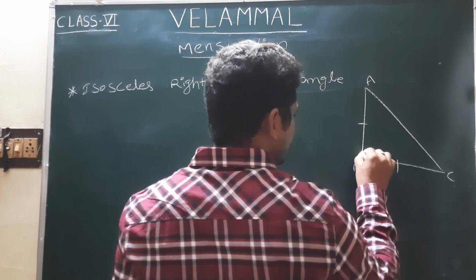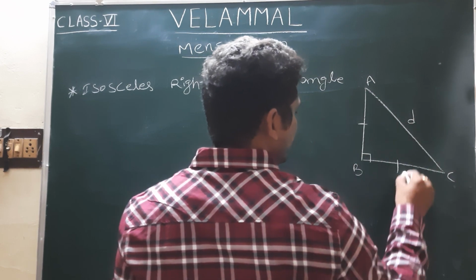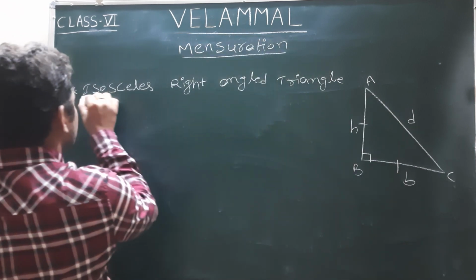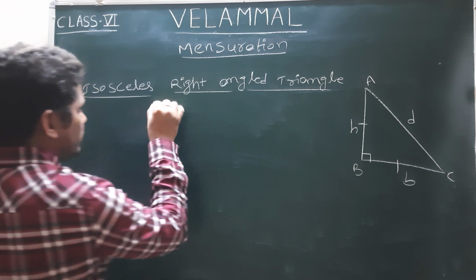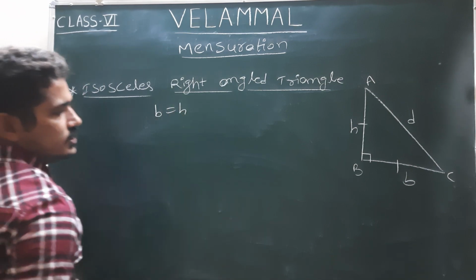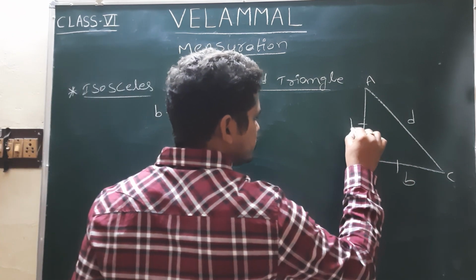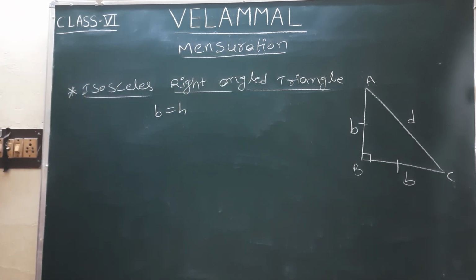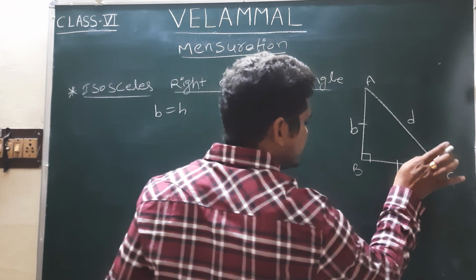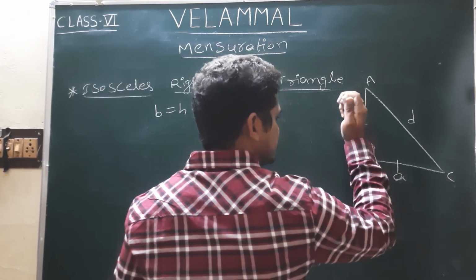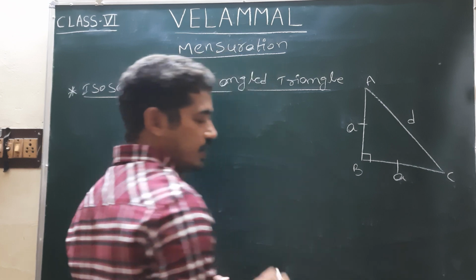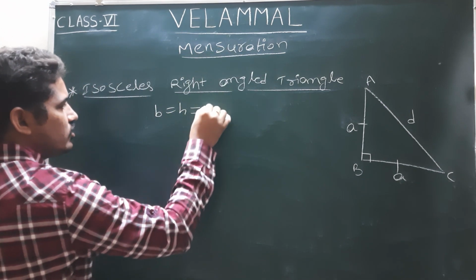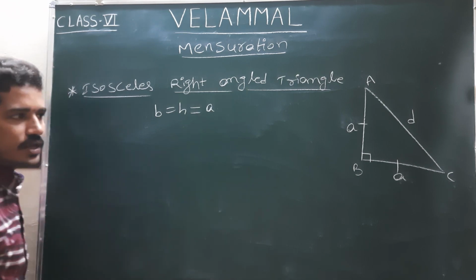So the remaining two sides will be equal, other than the hypotenuse. So here we can say base is equal to height. That means these two sides are equal. So we can call this B, and this also B. Or else we can consider both sides as A. So base is equal to height is equal to A units.